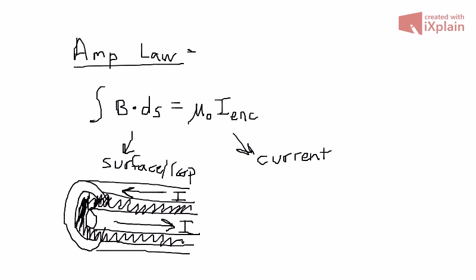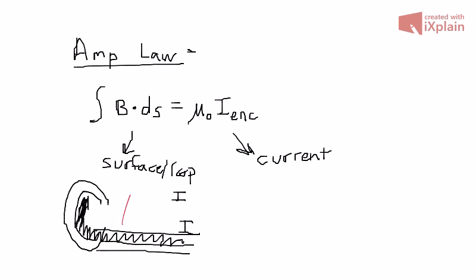If we want to do Ampere's law on this, we can rotate this around to give it a slightly different view, maybe make it a little bit more clear. So let's make some space and redraw this picture just a little bit.